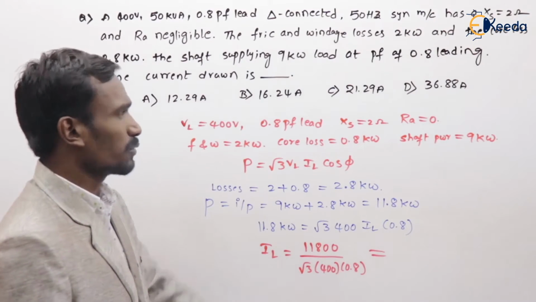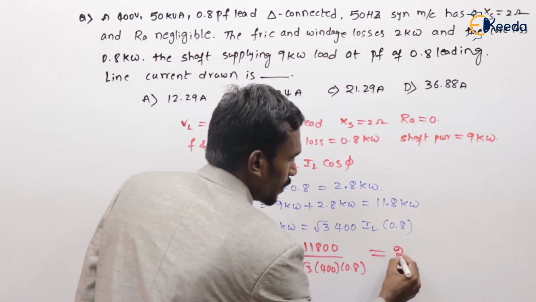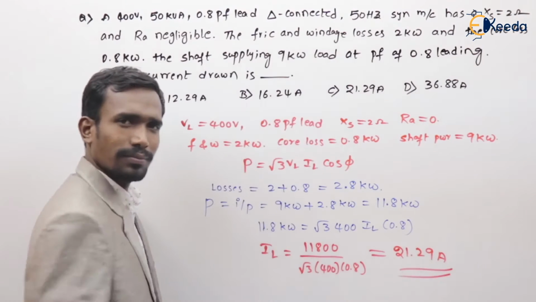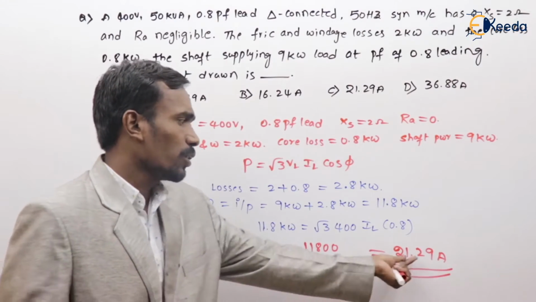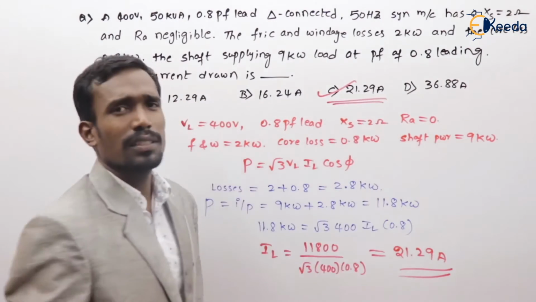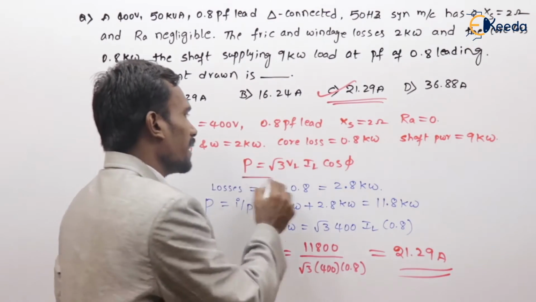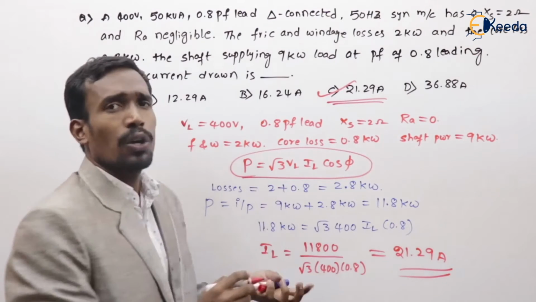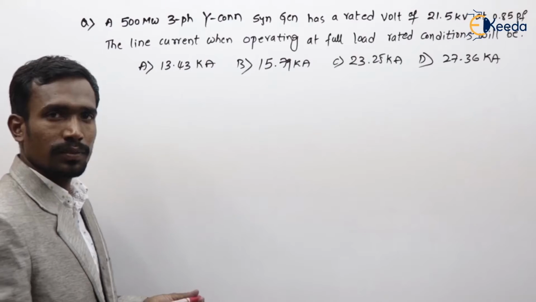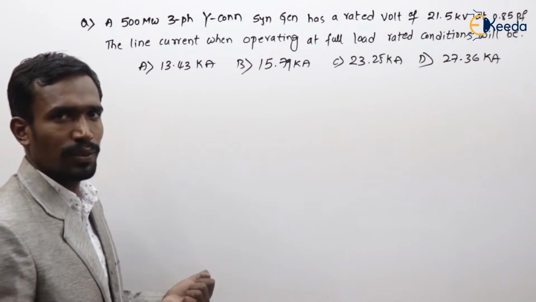If you solve this, you can get 21.29 amperes. This is the correct answer for this question. Very simple. The basic formula P is equal to root 3 VL IL cos phi. Right, next question. Very easy question and similar to the previous one.